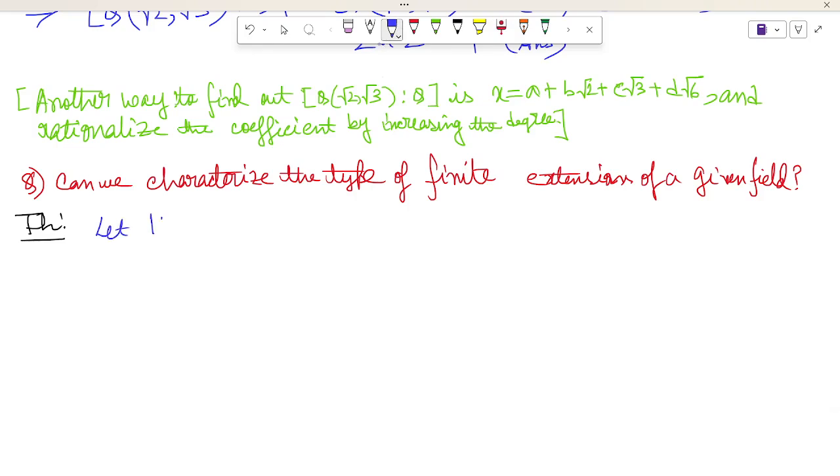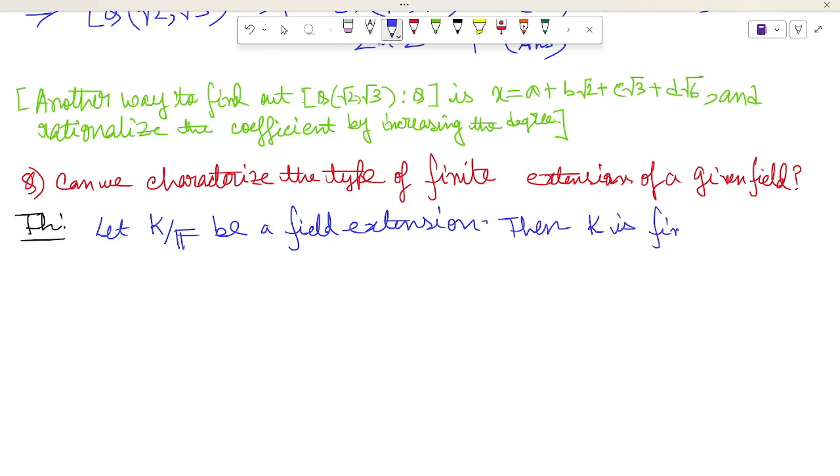Let K over F be a field extension. Then K is a finite extension.